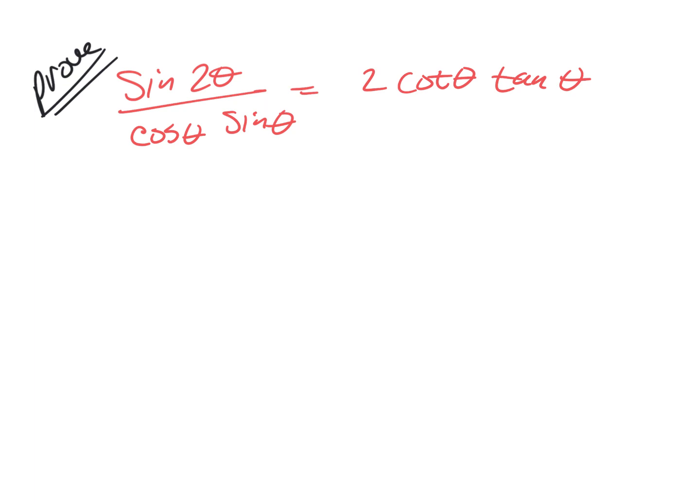So we could probably take the 2 out here. Sine theta over cosine theta, and then cosine theta over sine theta, which gives us that 2 cotangent theta, tangent theta.